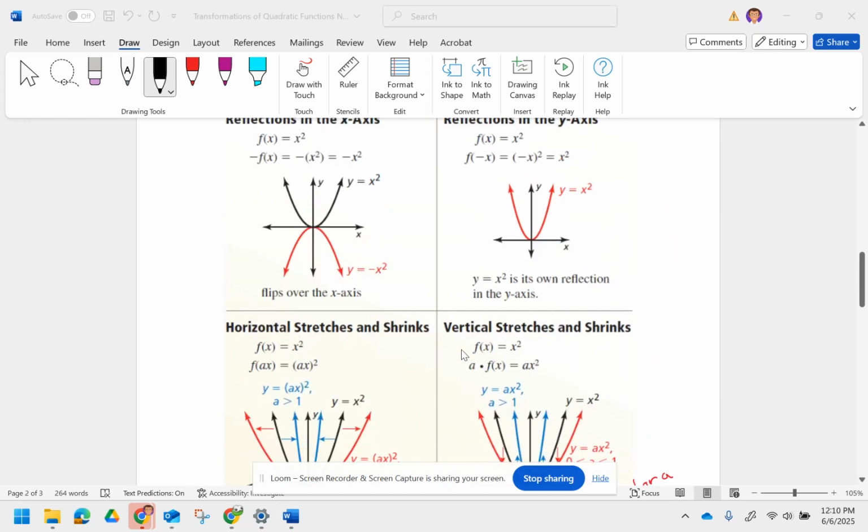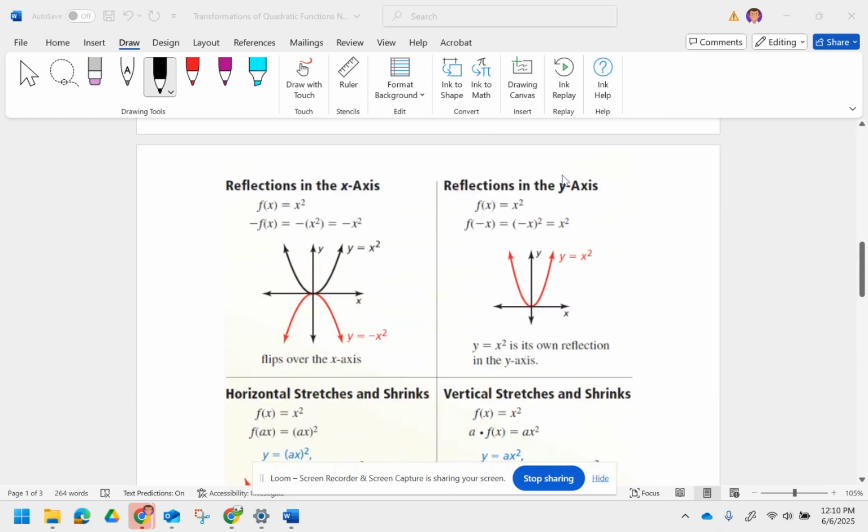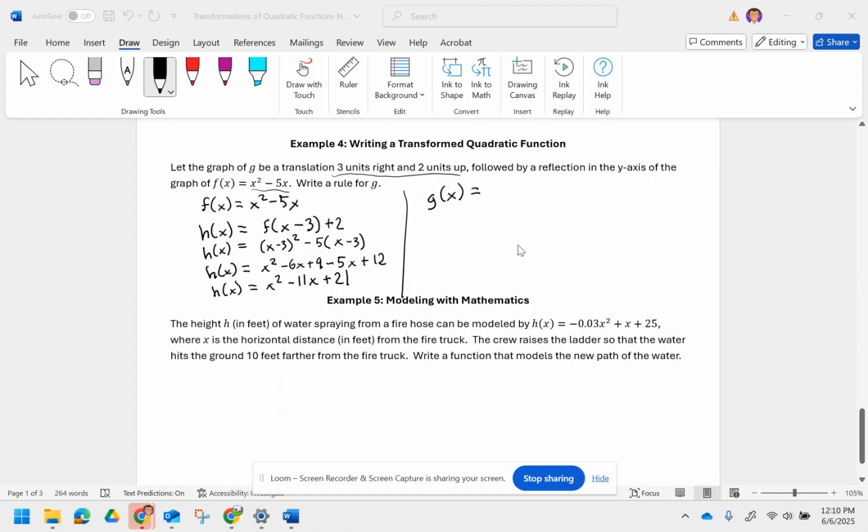If you look earlier in your notes, you can see where we do a reflection across the y-axis. Notice the way to do it is to put a negative in front of the input. So I'm going to have my h of x become h of negative x, and that should create that reflection.